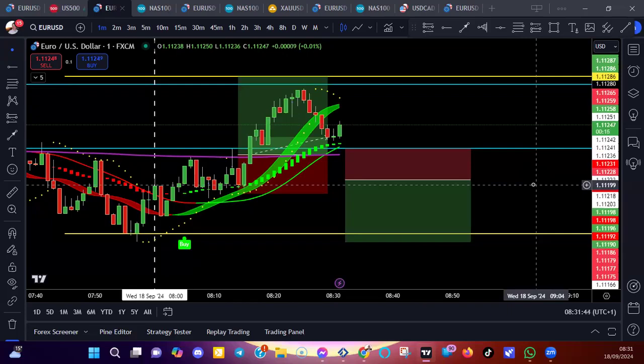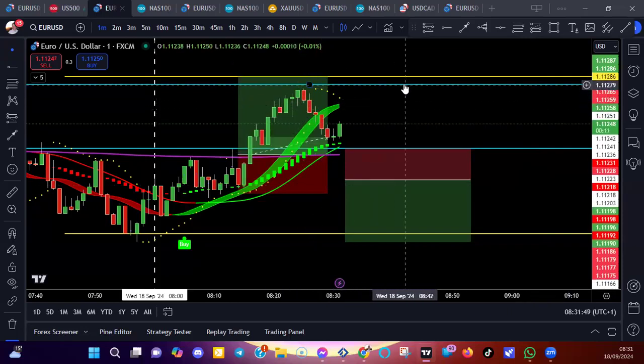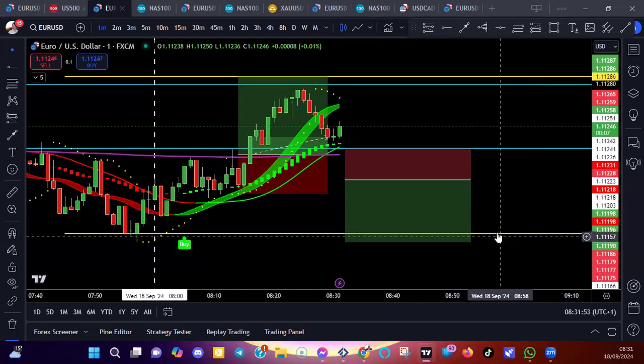But we still got the same scenario where we haven't got much gap between sell zone and buy zone.